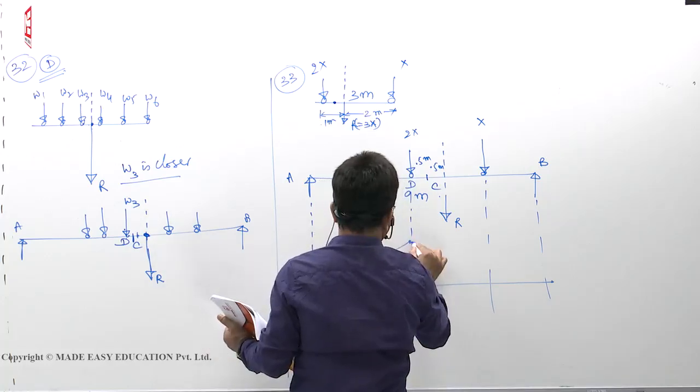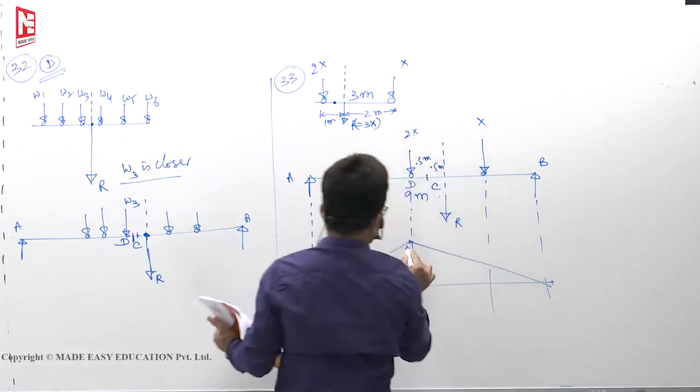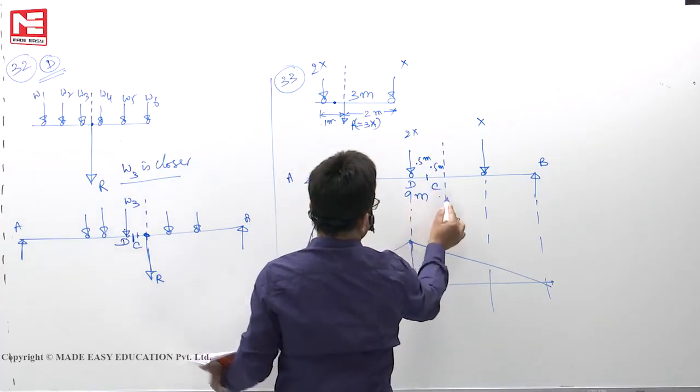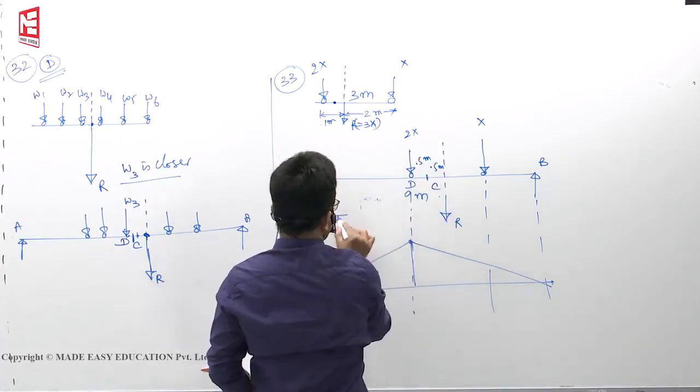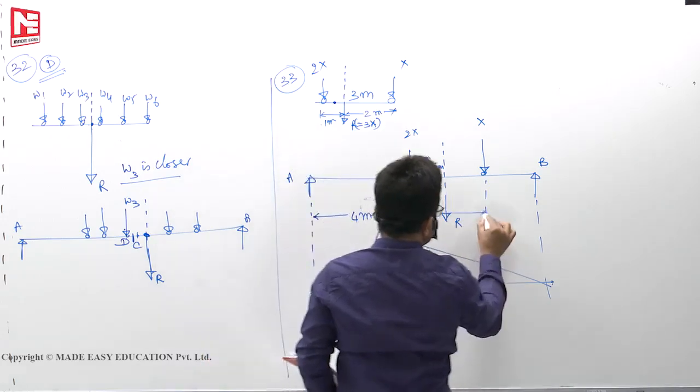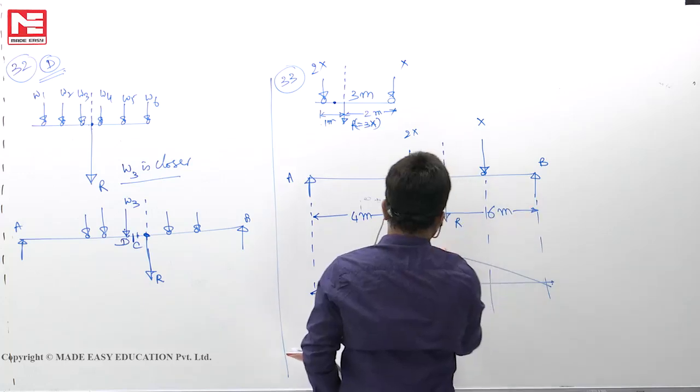So ILD for bend moment at D, if you write it, this is what you will get. 0.5 meters gone means, out of 9, 4.5 minus 0.5, this is 4 meters up to D. This is 6 meters. Then what's the height here?